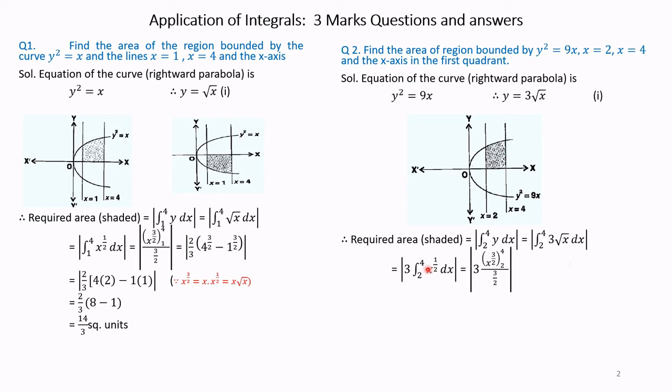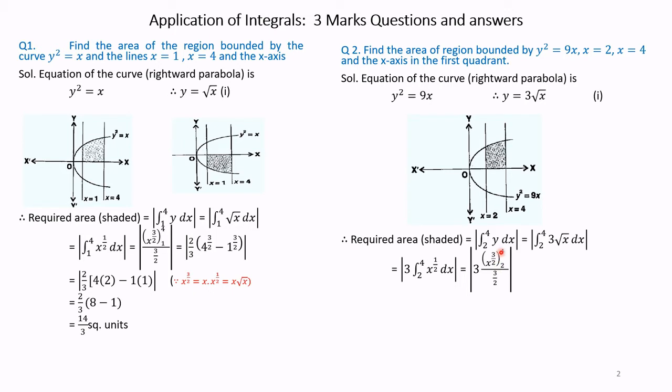Therefore, that becomes mod of 3 into integral x to the power of half dx. Square root of x is nothing but x to the power of half. If you want to integrate, we have to add 1 to n and divide by n plus 1. So therefore, x to the power of 3 by 2 divided by 3 by 2.